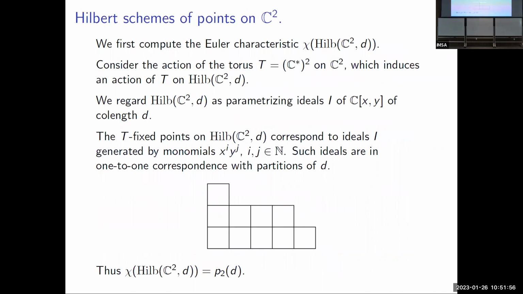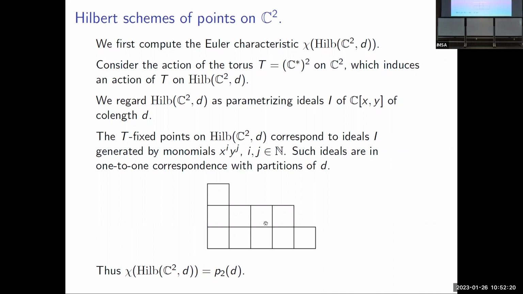Okay, so let's look first at C2. We want to understand the Hilbert scheme of points on C2. Maybe let's look at its topology. The most basic question would be to understand its Euler characteristic, then move to its Betti numbers, then maybe its K-theory, and its derived category of coherent sheaves.